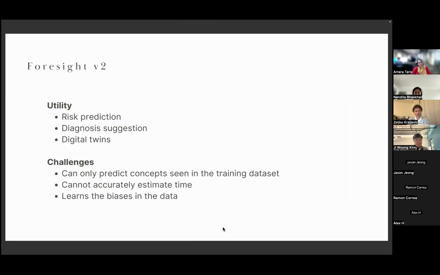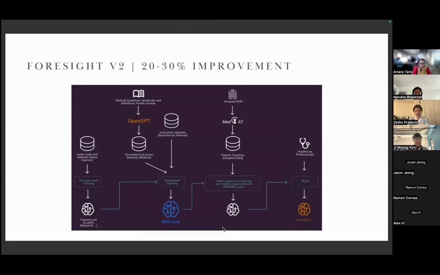And I'll show you just one last thing very quickly, which is the final version of Foresight 2, which is a full-on model. We start with Llama, then we fine-tune it on medical guidelines, textbooks, and all of that to get it better, to remove the biases. We want that core medical knowledge.